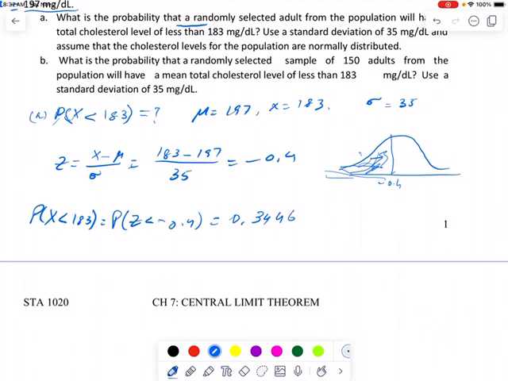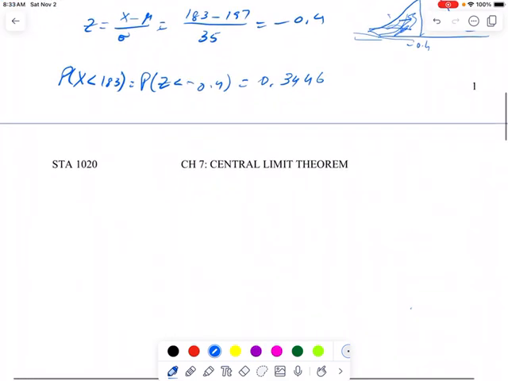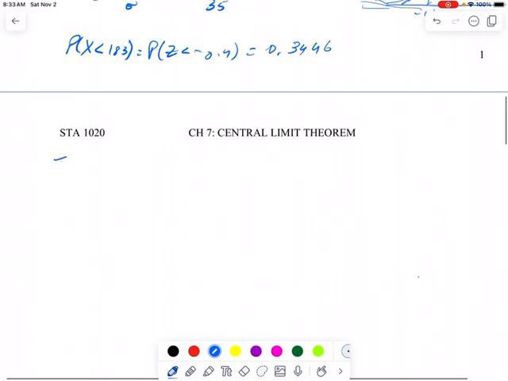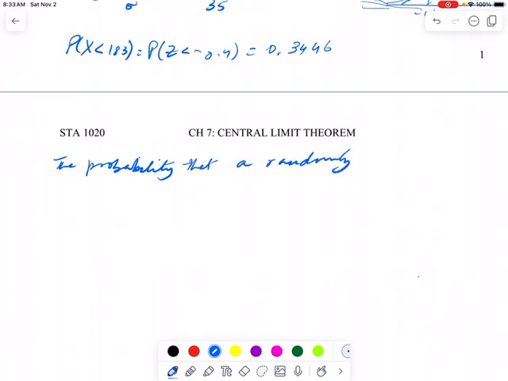So you can say that the probability that a randomly selected American adult will have a cholesterol level less than 183 is 34.46%. So in words, the words that you put here in your answer are exactly the same as in the problem.